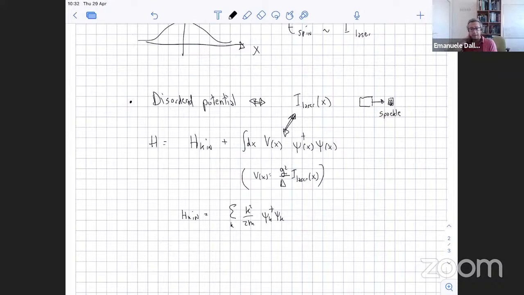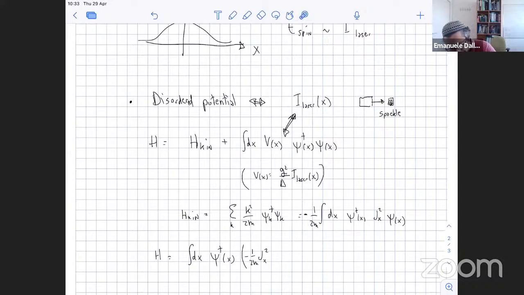This is just the usual second quantization of free particles, and you can also rewrite it as an integral over x. You just perform a Fourier transform, and what you get is 1 over 2m integral dx psi dagger of x, d_x squared, psi of x, with the minus sign. So we can rewrite the whole Hamiltonian in a very compact form, by writing the integral dx psi dagger of x times minus 1 over 2m.